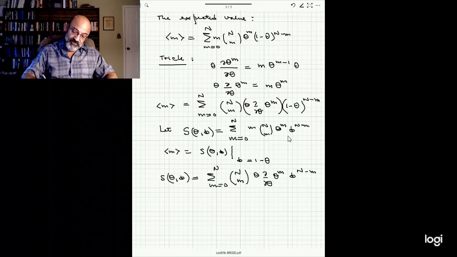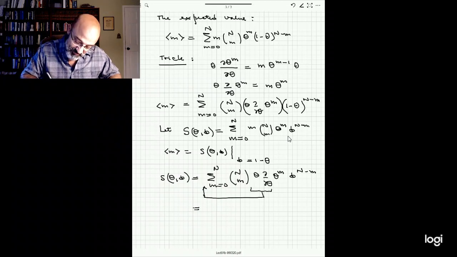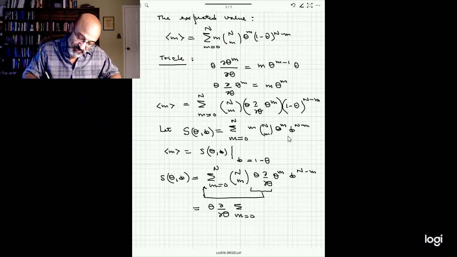Notice that now nothing prevents us from pulling this in front, and we have to evaluate the following sum.